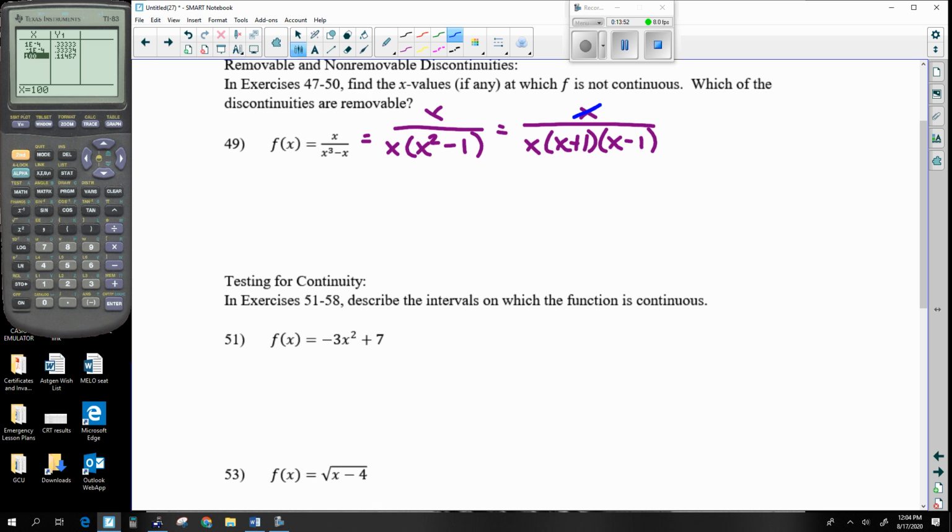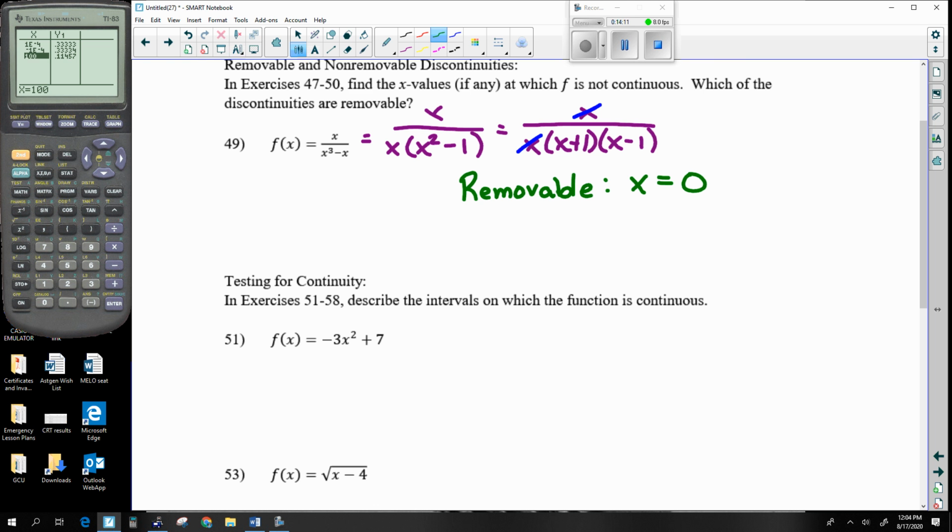I see that the x drops, and so that means the removable one would be when x is equal to 0.